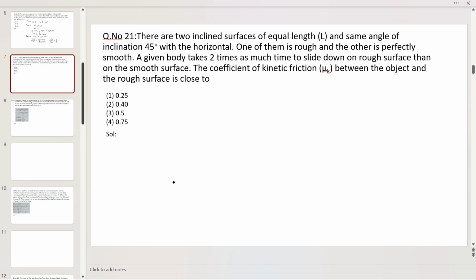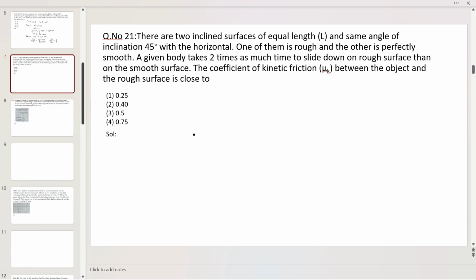A given body takes two times as much time to slide down the rough surface as on the smooth surface. The coefficient of friction between the object and the rough surface.